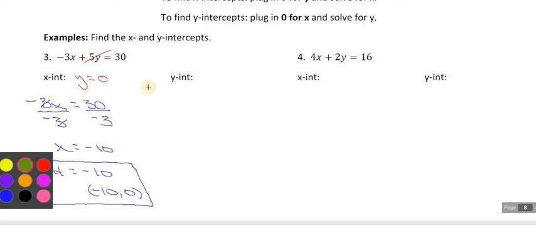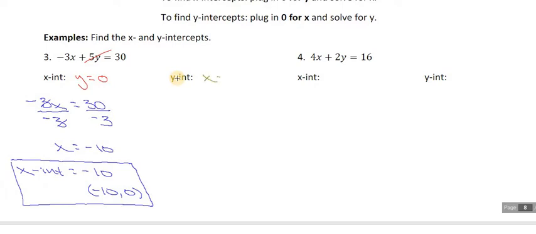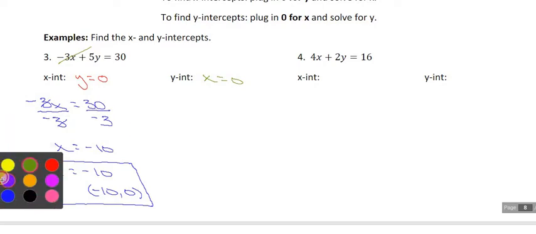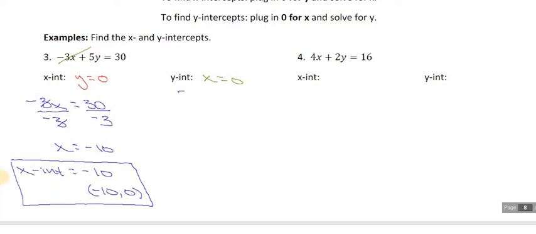In order to find our y-intercepts, remember that's where we make x go away, x equals 0. So if we consider the original equation as it was, now say, oh, we only want y's, so let's make the x's go away. So now we're left with 5y equals 30.